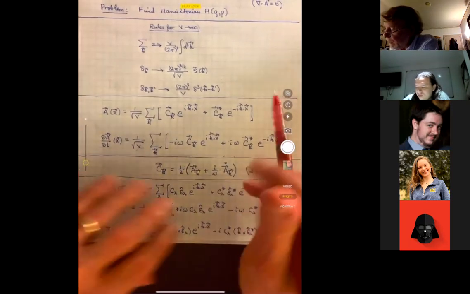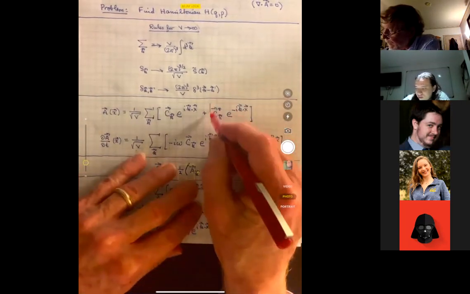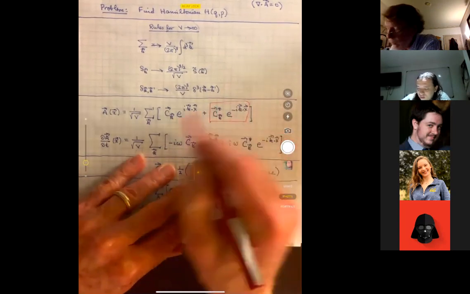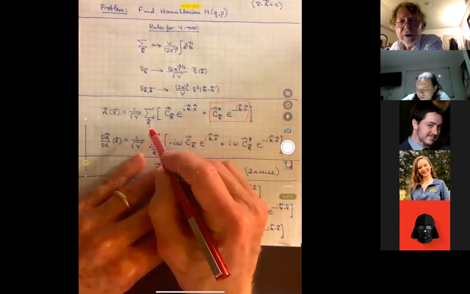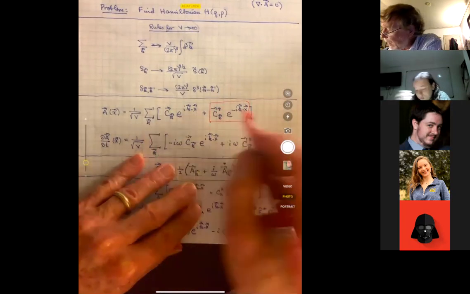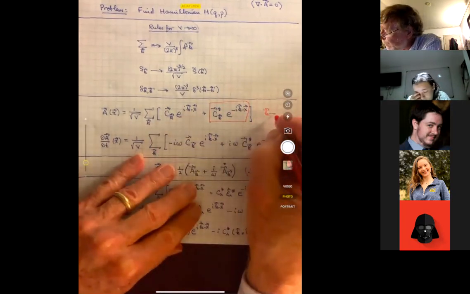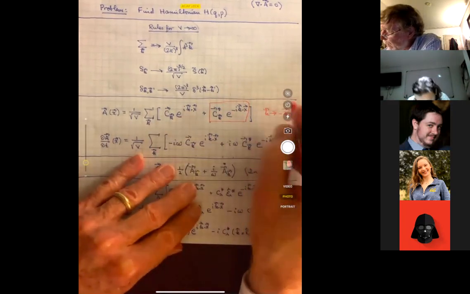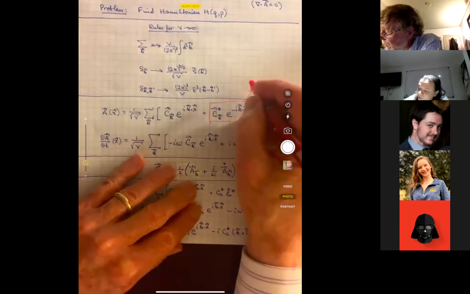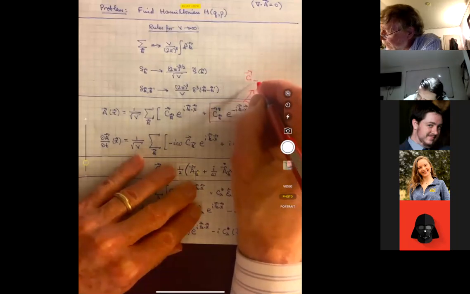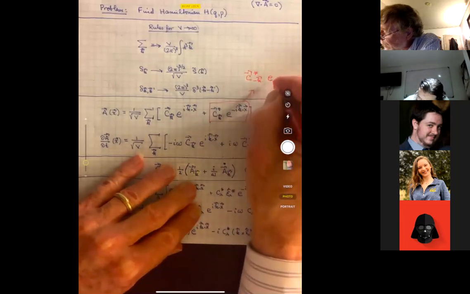We can take this e to the minus ikx part here, and since k is just a dummy variable of summation, I'll do it in red. We can replace k goes to minus k in that term. If we do, then that term turns into c sub minus k complex conjugated times e to the plus ik dot x.